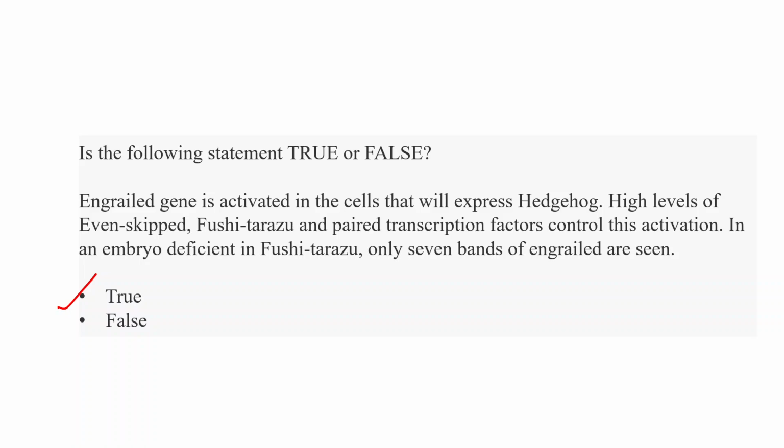So in a fushi tarazu mutant embryo, only 7 stripes of engrailed form instead of 14 because every alternate parasegment is missing.